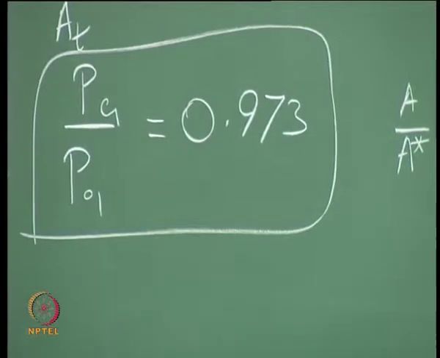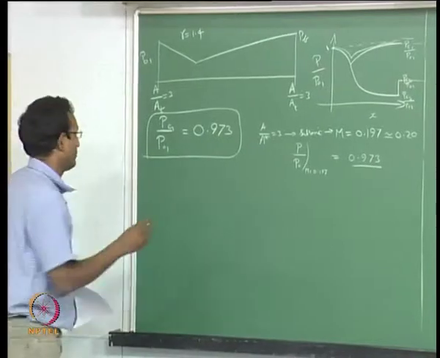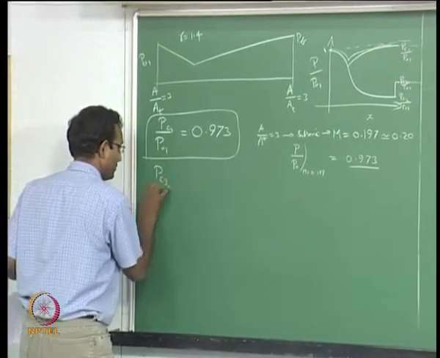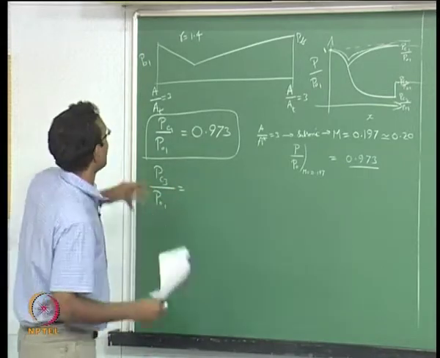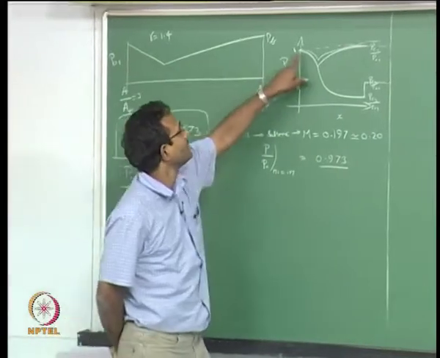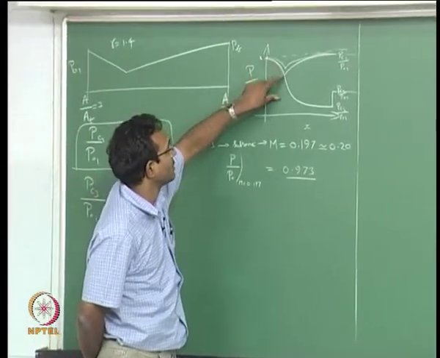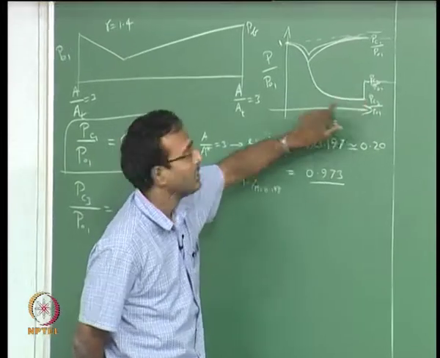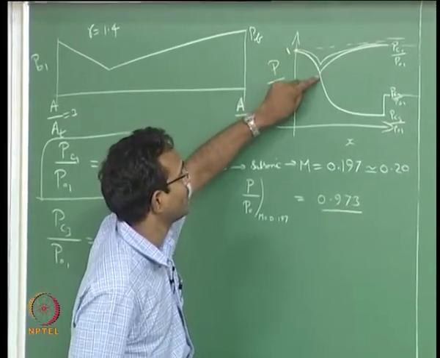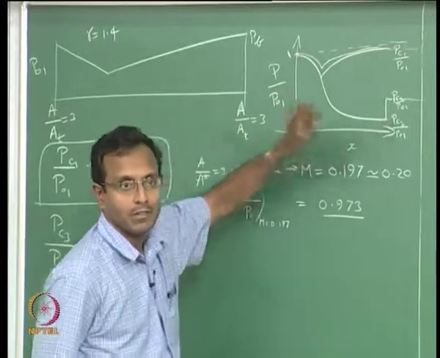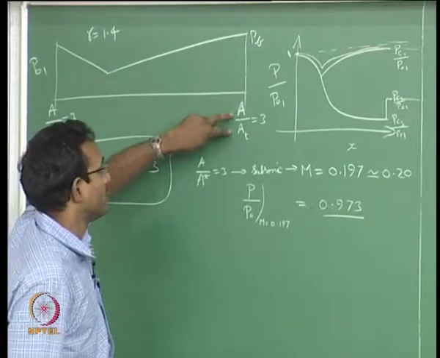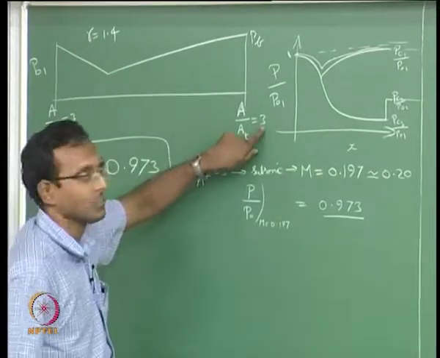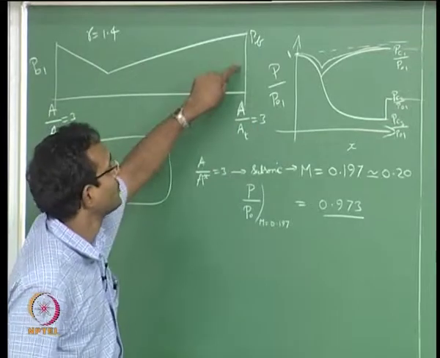Now I have to do the next thing, P critical 2. It is easier to go to P critical 3 and then come to P critical 2. So I will directly jump to PC3. The way we solve it, you will know immediately. So what do we do in critical pressure 3? I am going to say my pressure is going to decrease continuously all the way to a supersonic solution up to here, which means the subsonic solution became sonic at the throat and became supersonic continuously. So now I can again say that my A throat is my A star, and A by A throat equal to 3 will now become A by A star equal to 3, but my flow is supersonic here.